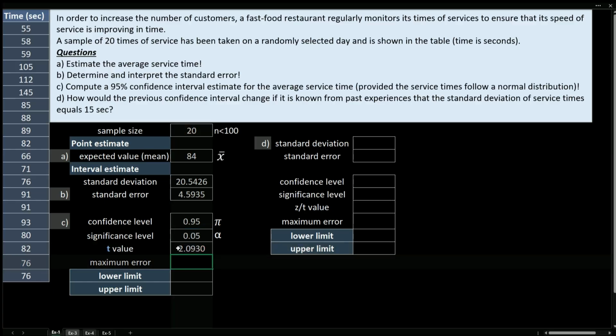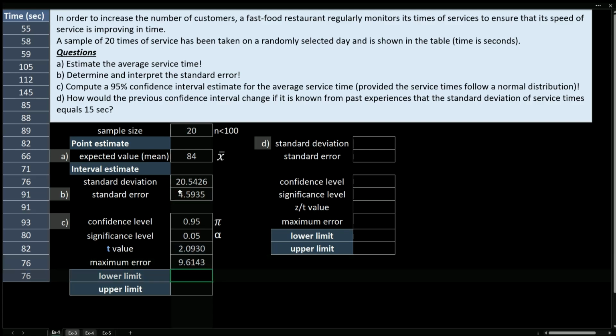So t-value is 2.0930, and now maximum error will be equal to t-value or z-value, depending on the given information, multiplied by standard error. So step by step.